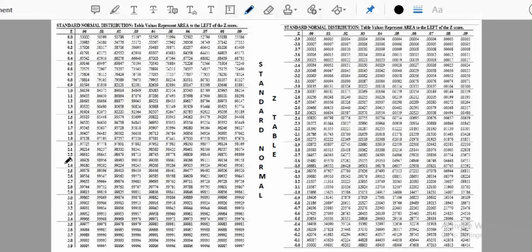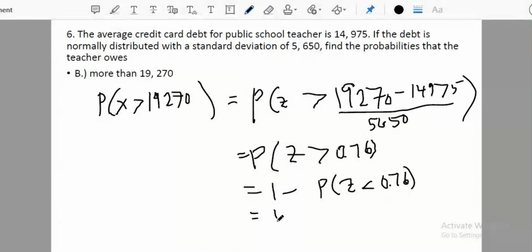So positive 0.76, 0.7 and then 6 is here, 0.77637. So 1 minus 0.77637 is 0.22363. So the probability that a teacher owes more than 19,270 is 0.22363.